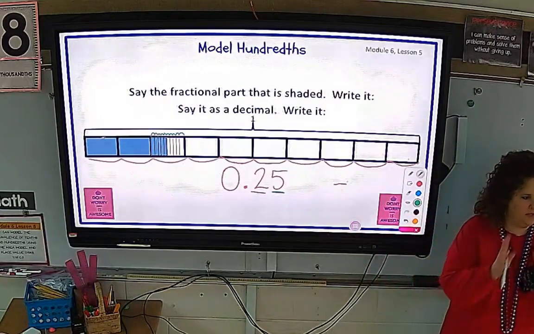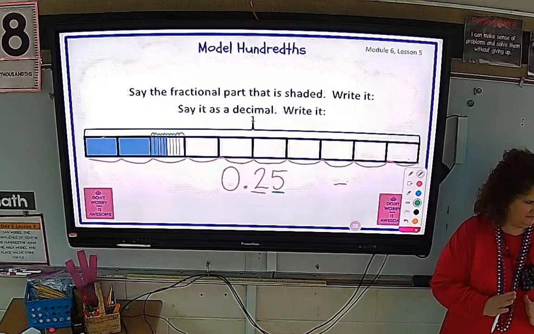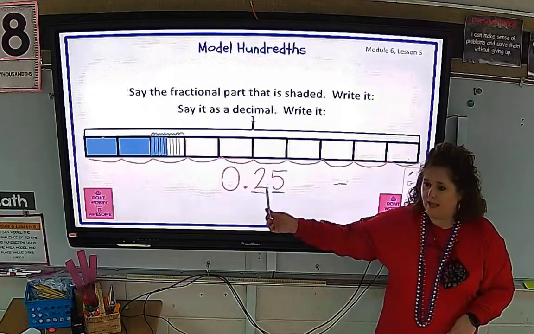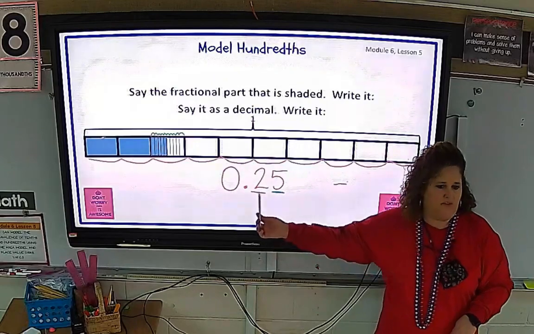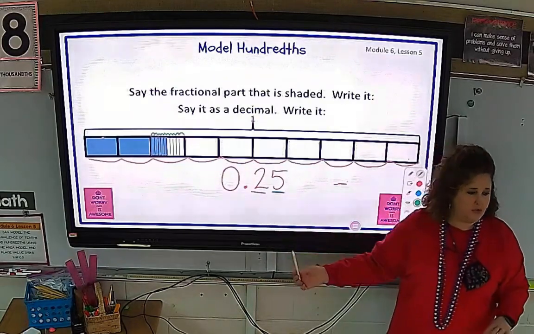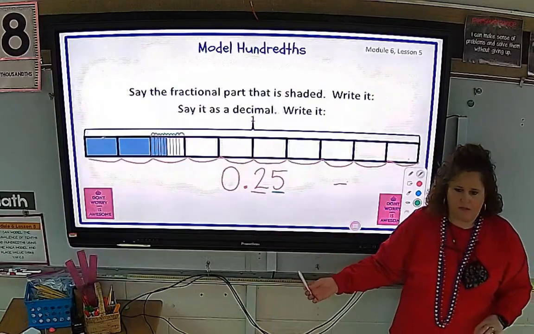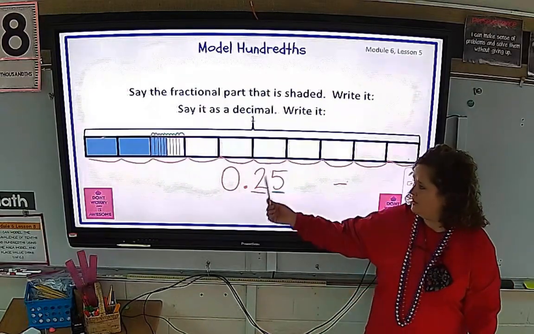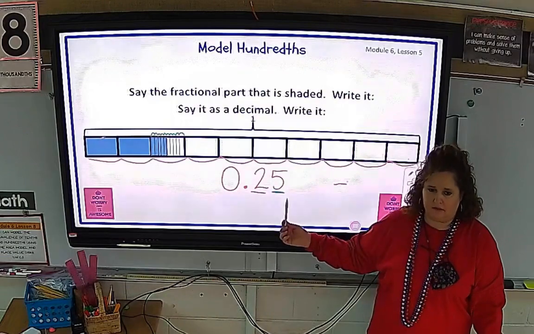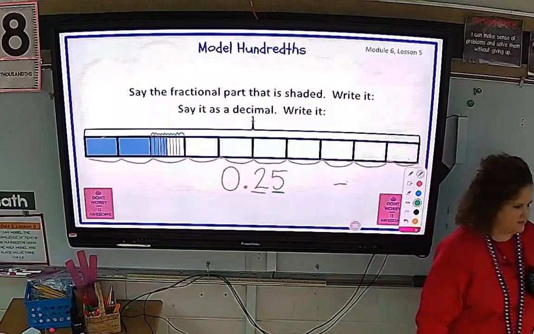That's too big to fit in the tenths column. So if your number goes out to the hundredths place, you've got to change what you say. This is 25 hundredths. Okay? So it's not that it's difficult, it's just we've got to get that if my number goes out to the hundredths place, I say hundredths instead of tenths.